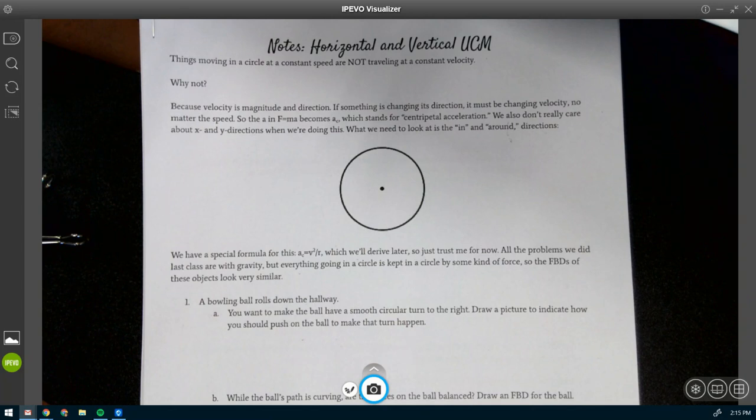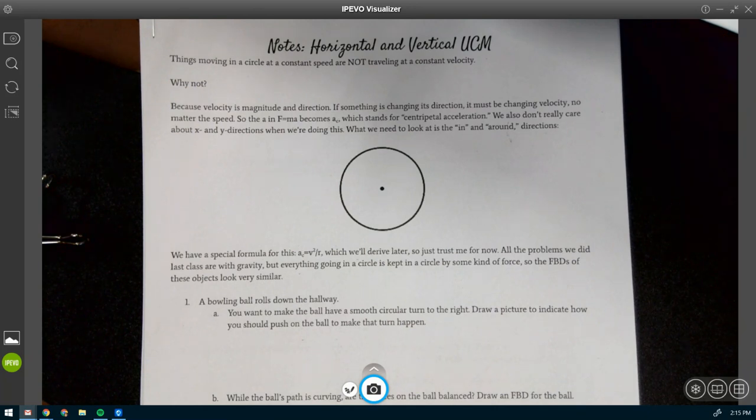So because we have a full change in direction, we also have to have some sort of acceleration, because a long time ago we defined acceleration as our change in velocity divided by our change in time. So from here on out, anytime that something is moving in a circle, it is accelerating for some reason. Those reasons change.